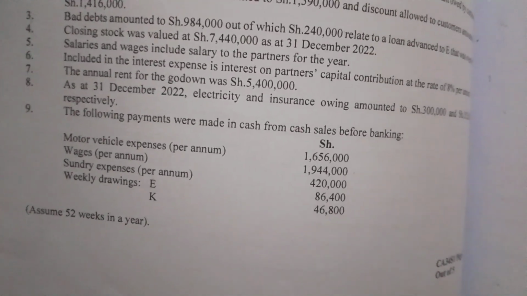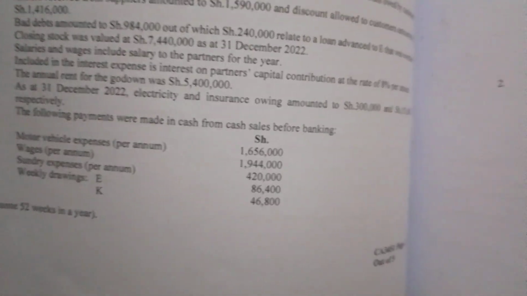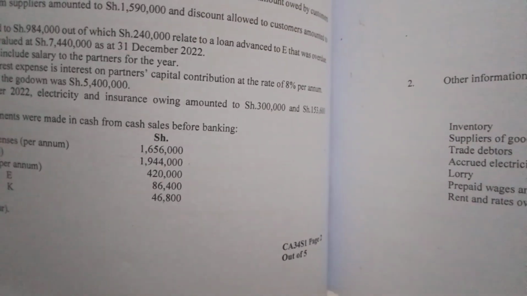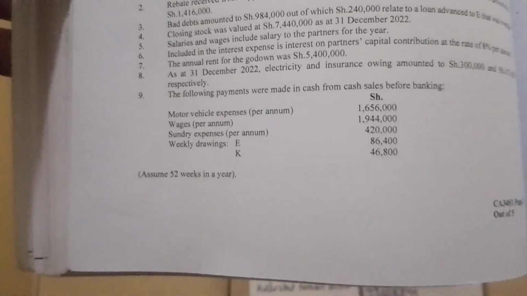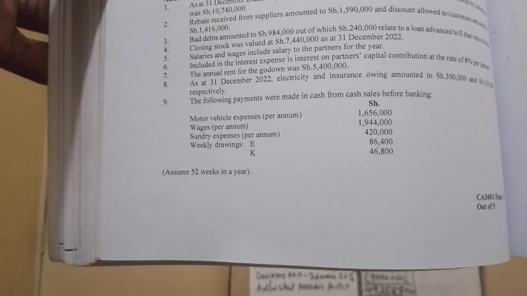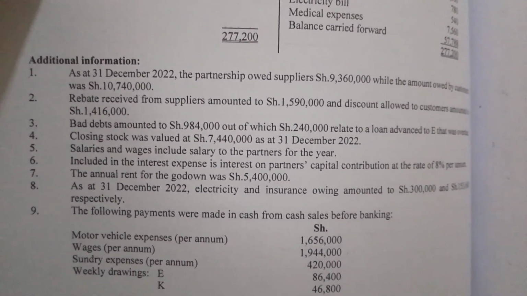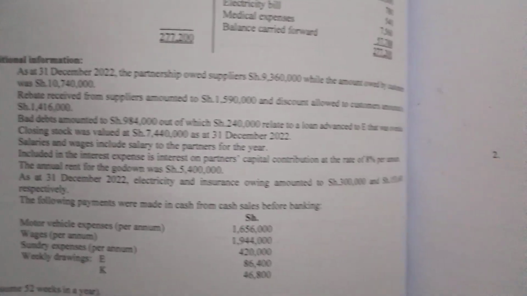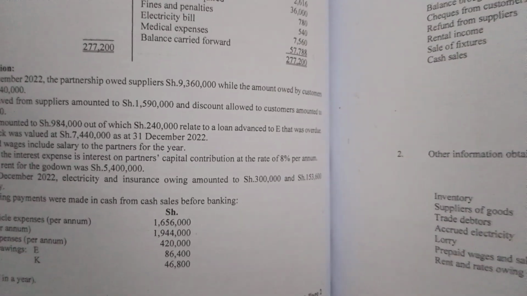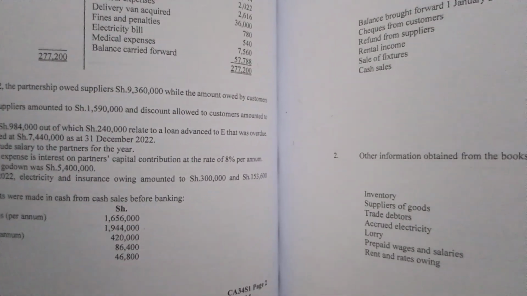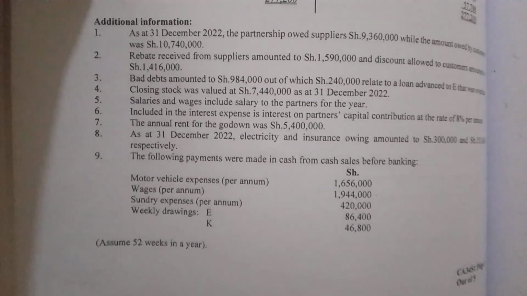Number six, included in the interest expense is interest on partners' capital contribution at the rate of 8% per annum.